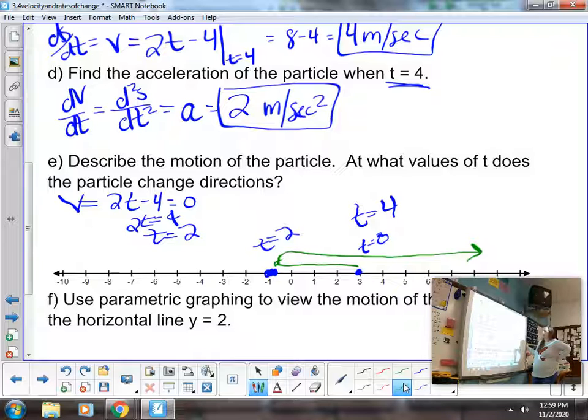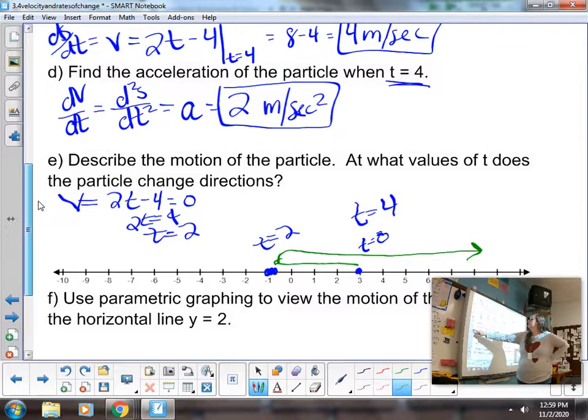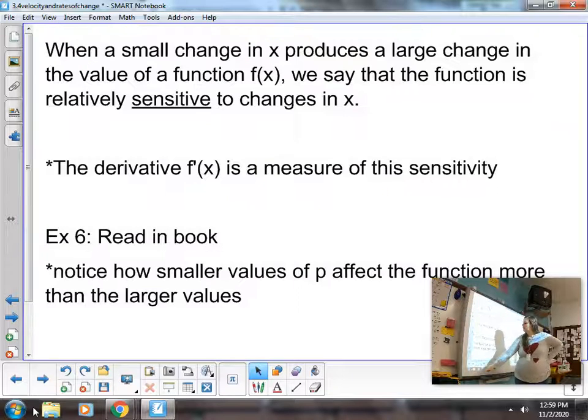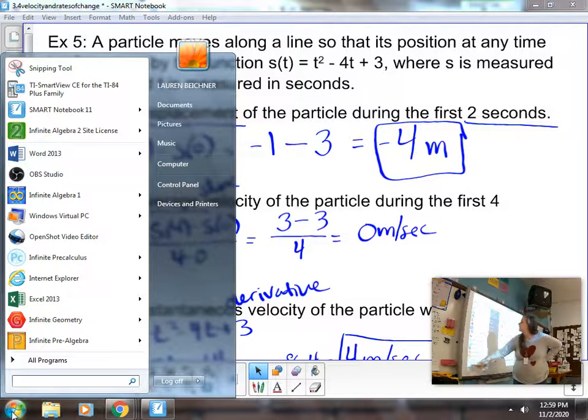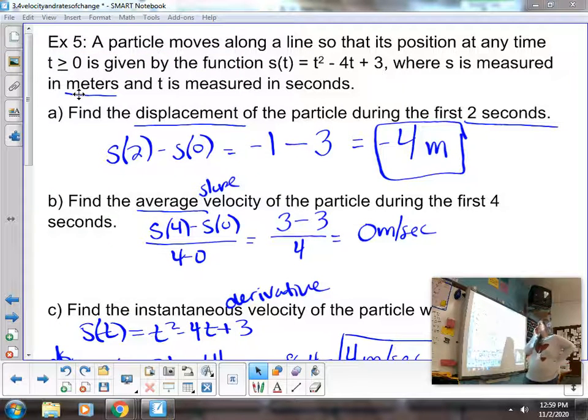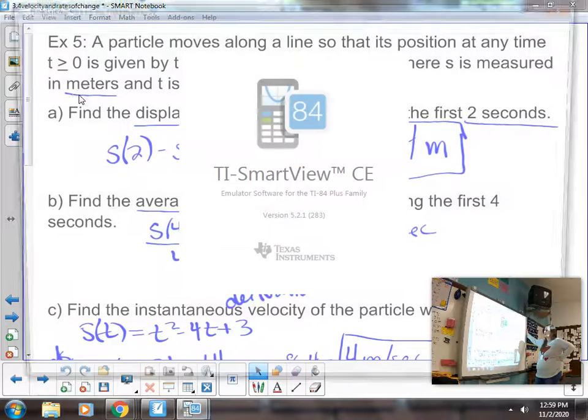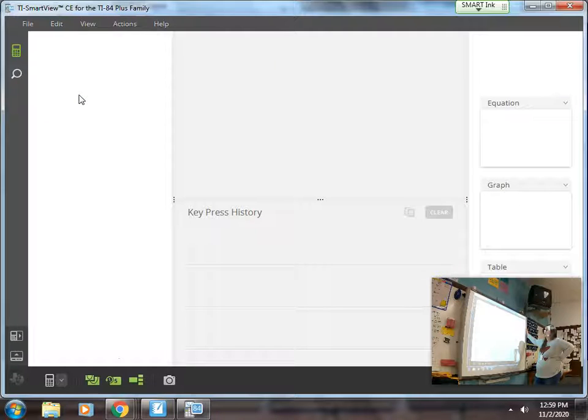And again, you can see part F, use the parametric graphing to view the motion of the particle on the horizontal line, y equals 2. I'm going to pull that up real quick just so you can see that. Maybe I'm not going to pull that up. Again, you can go by what your book has with this. This may be a struggle for me to actually graph.